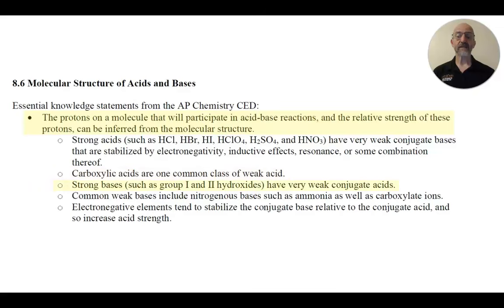Strong bases, such as group 1 and 2 hydroxides, have very weak conjugate acids. Common weak bases include nitrogenous bases, such as ammonia, as well as carboxylate ions. Electronegative elements tend to stabilize the conjugate base relative to the conjugate acid, and so increase acid strength.